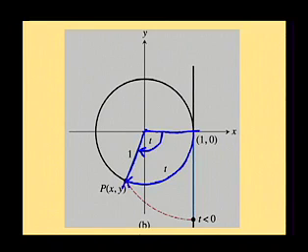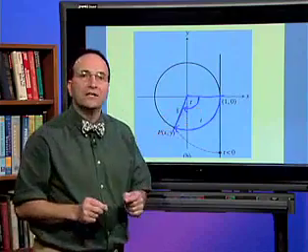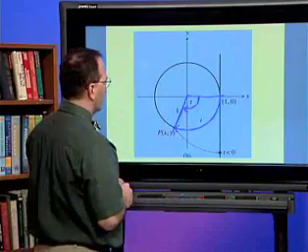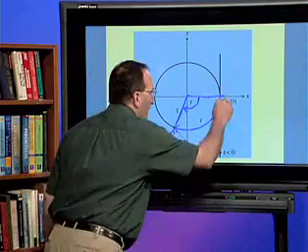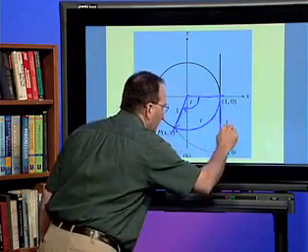So that arc still gives us the length of that angle as measured along the unit circle. Once again, you'll notice that there is this value of t here.